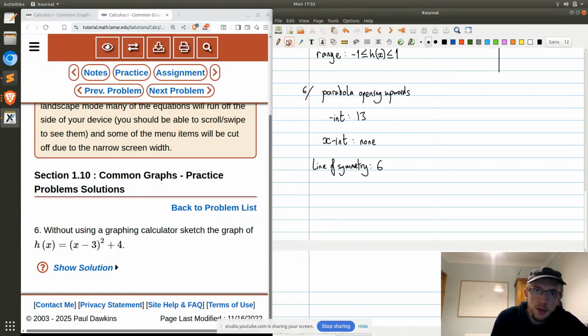That's a hidden joke. X equals 6. And finally, the vertex. Let's get the vertex, i.e. the minimum.